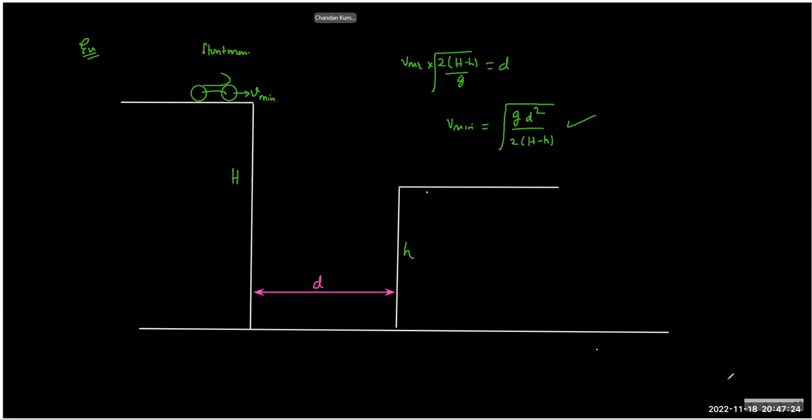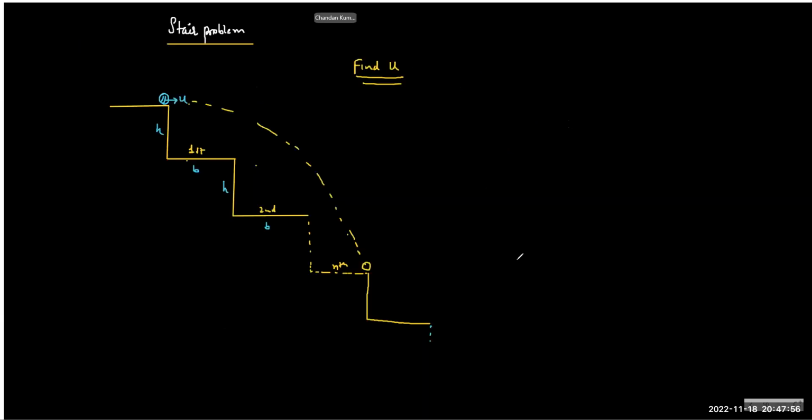So I'm getting the answer as d by root of 2h by g. Is your answer different from this answer? No. Same answer, no? Yeah, got it. Okay. So the next question is a simple extension of the same. Can you do it now?